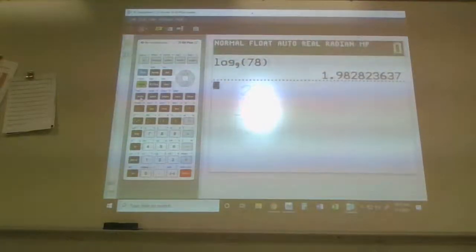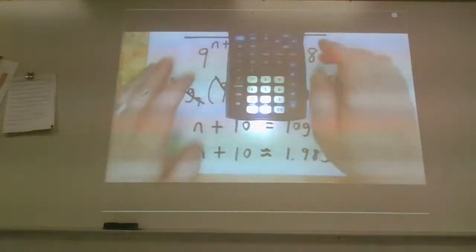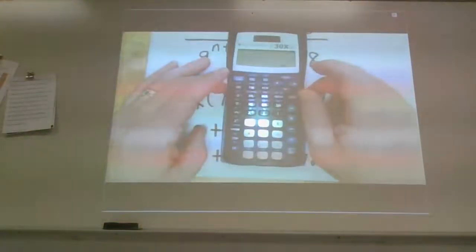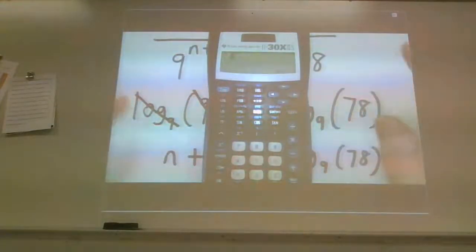Another way of doing it, and you guys have this on your phones, you have this on TI-83 calculators. Heck, you have this on scientific calculators that you can get for like $10 at Staples. You can get these super cheap. This is a TI-30. This is how old this thing is. Check this out.